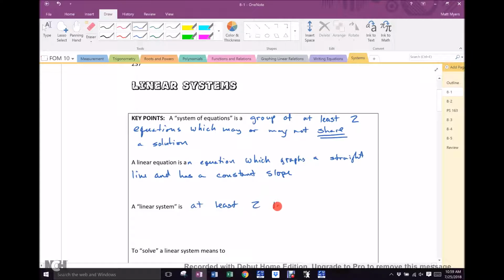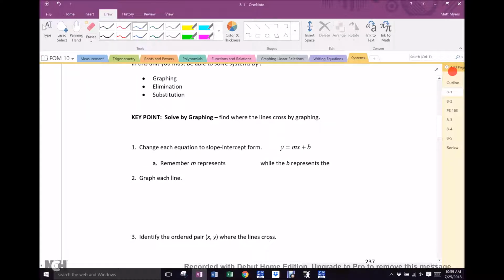At least two linear equations which may or may not share a solution.